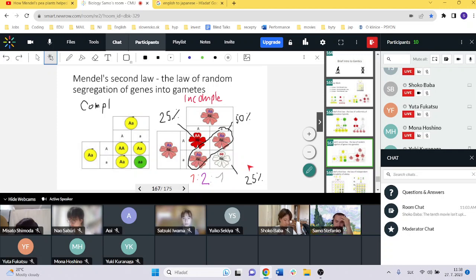phenotype. Guys, what is a phenotype segregation ratio in case of complete dominance? If you see the phenotypes here, what would be phenotypical ratio in case of complete dominance?